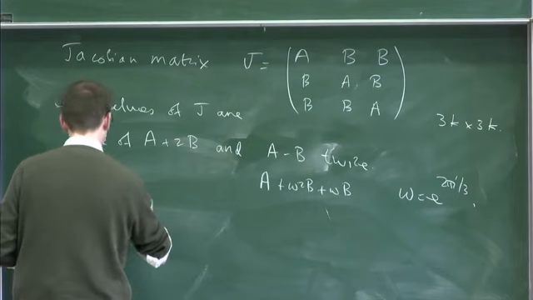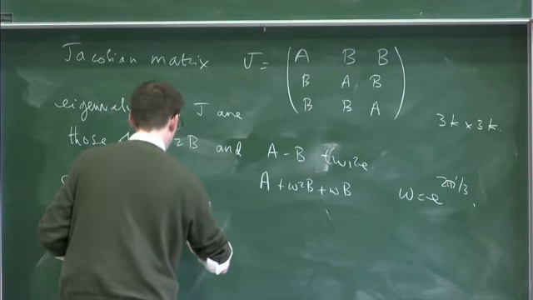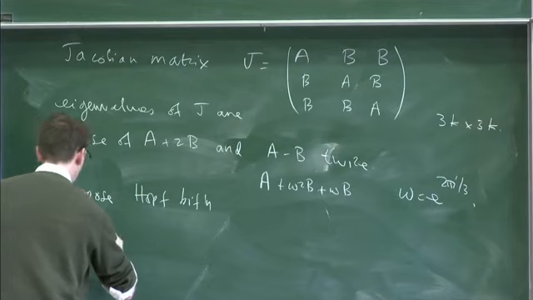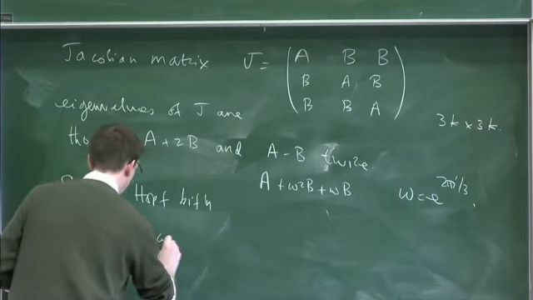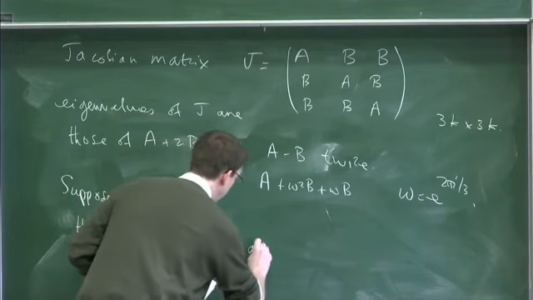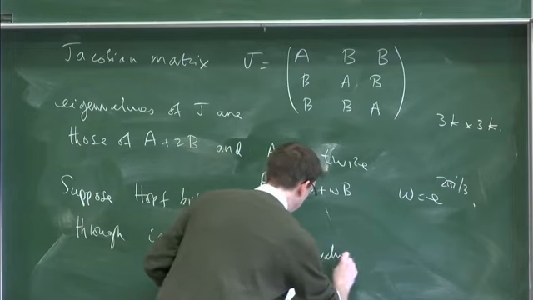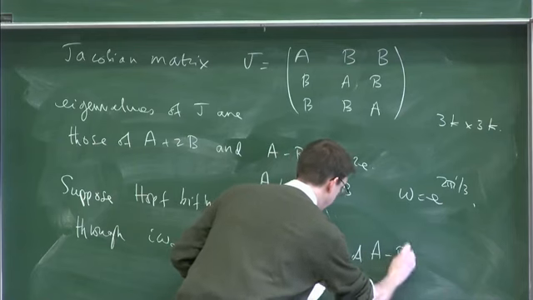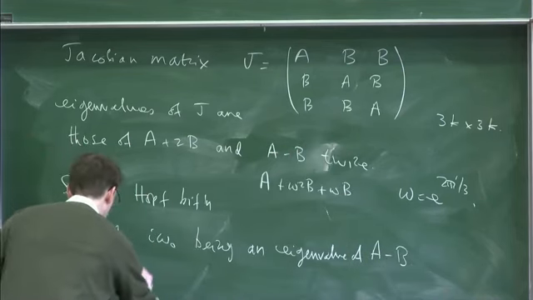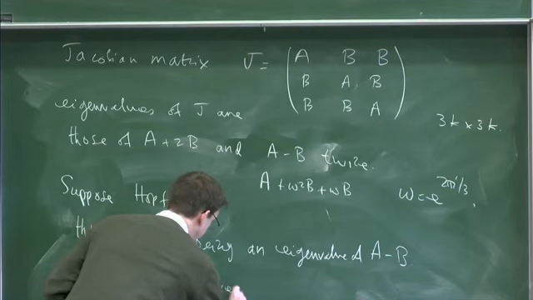Suppose we have a Hopf bifurcation through i omega 0 being an eigenvalue of A minus B. Let little v be the associated eigenvector.